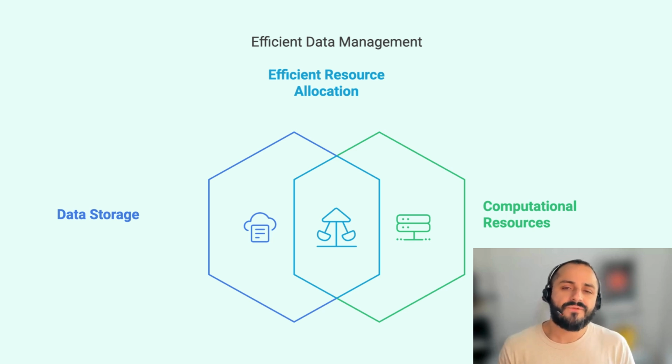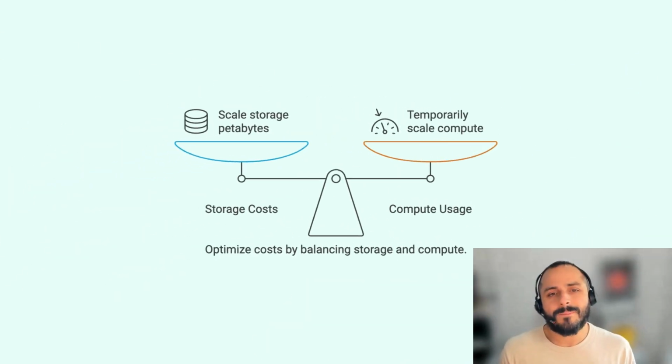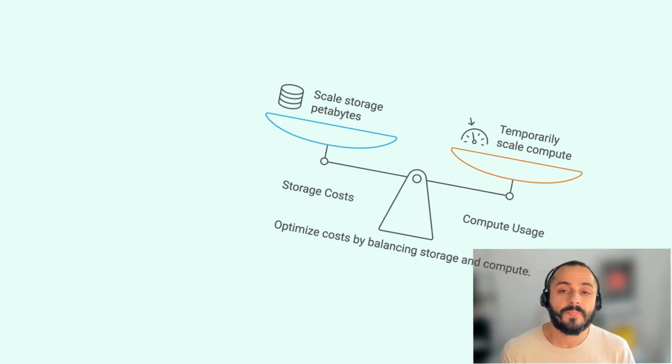In essence, you pay for storage costs on one side and compute usage on the other, allowing you to fine-tune each dimension independently. If you want to run a massive series of queries, you can scale up compute temporarily without incurring huge storage fees. And if you need to store petabytes of data but only run small queries intermittently, you won't be charged for idle compute resources.